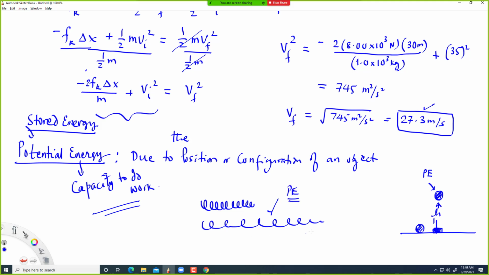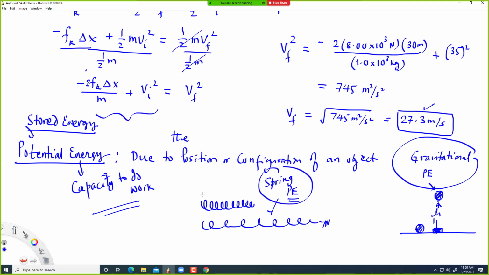If you hit something with that spring, it will do work on that object. So this kind of potential energy is called spring potential energy, and this kind is called gravitational potential energy.